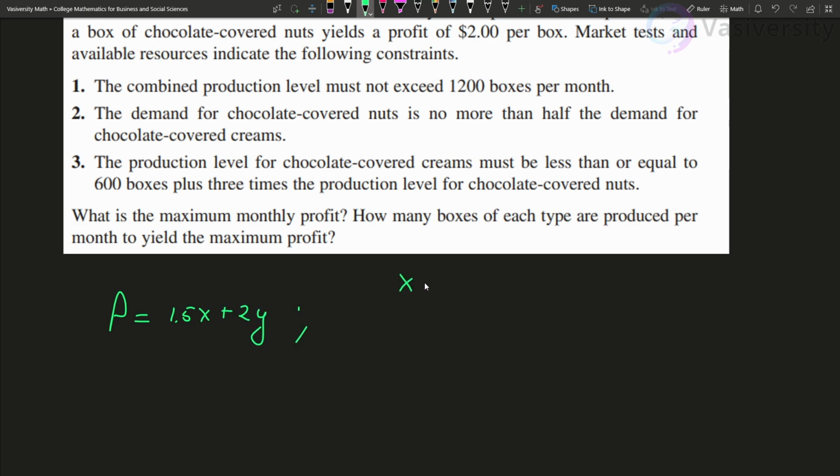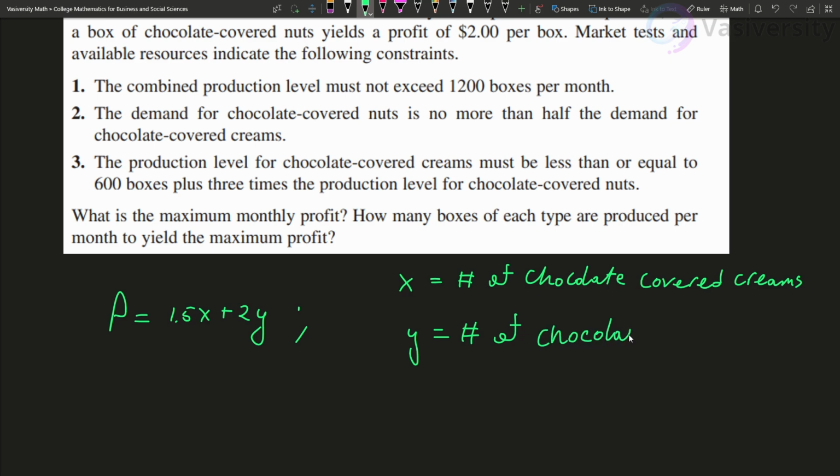What is x in this case? x is going to be the number of boxes of chocolate covered creams, okay? And then y is going to be the number of boxes of chocolate covered nuts. So we have a total profit function here, which is 1.5x plus 2y, depending on how many boxes we sell.